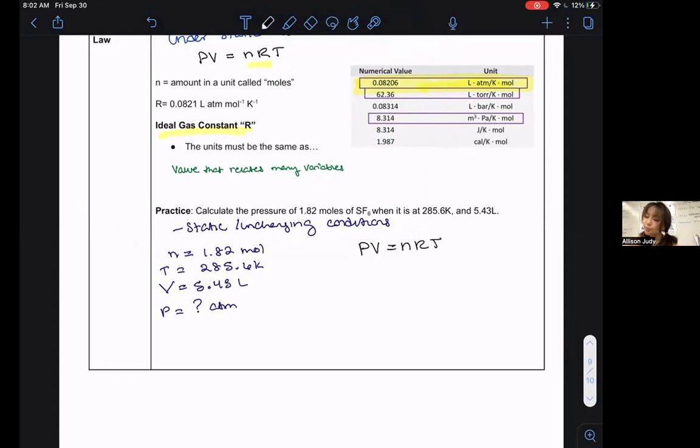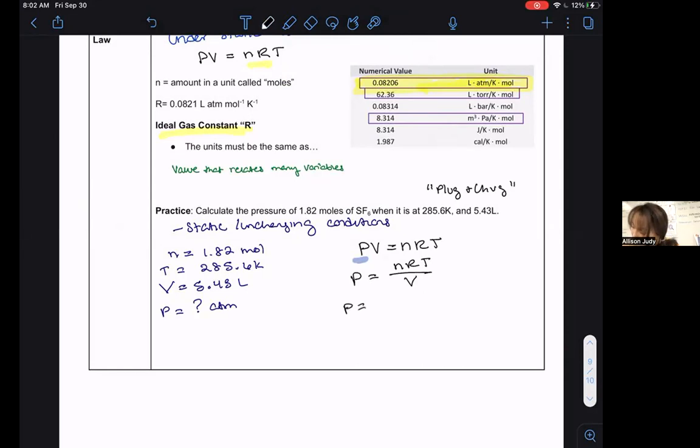And I'm going to manipulate my equation so I automatically solve for P. So I'm going to write this as P equals nRT divided by V. Now I'm going to plug in my values and chug out the calculations. We call it plug and chug. This is the old school method: I give you an equation with variables, you plug in the variables that you know, and chug out the calculations to find the unknown.